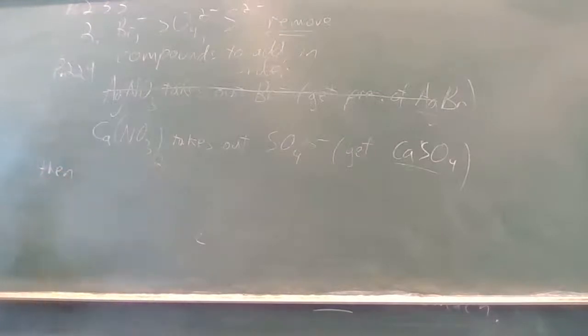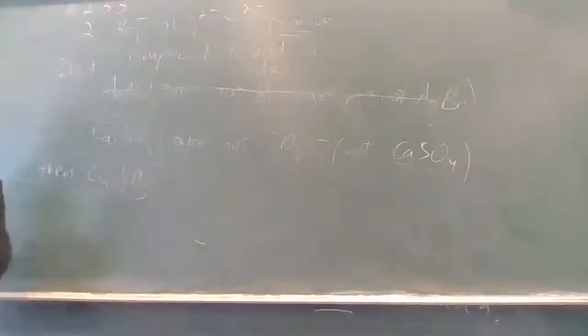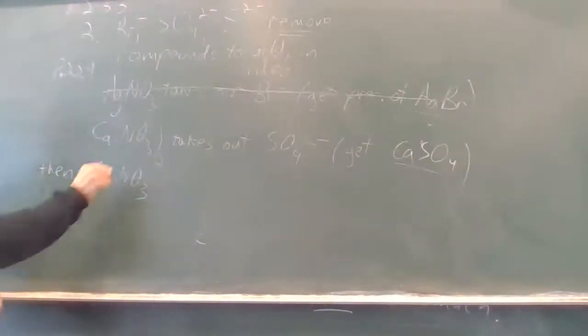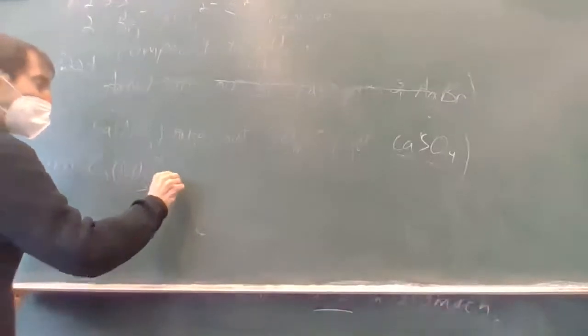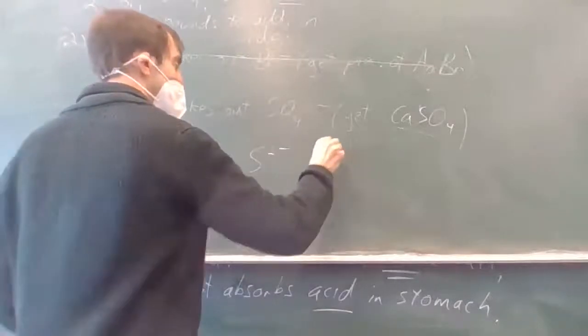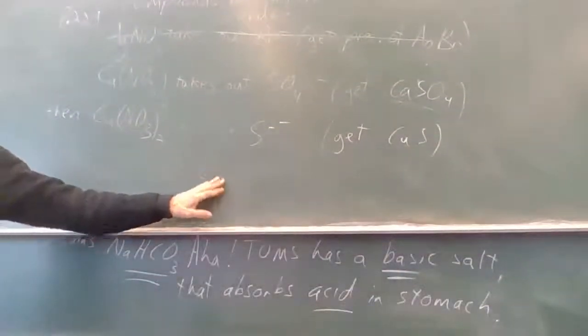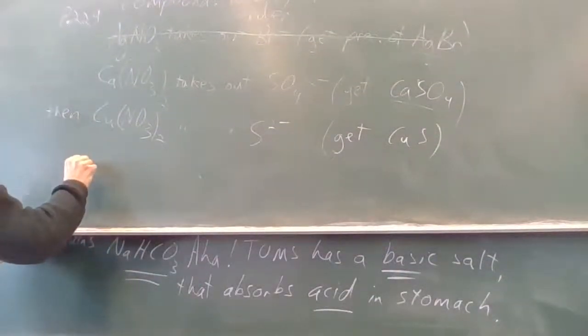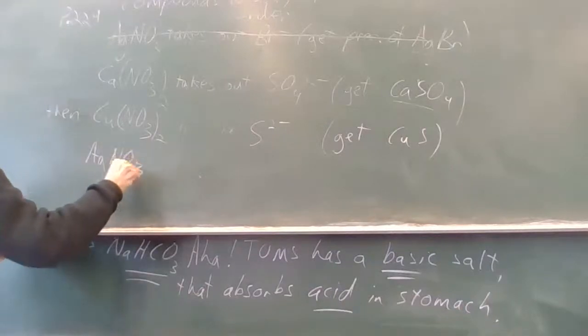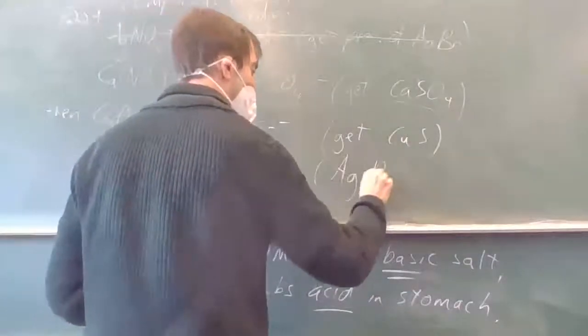And Cu, NO3 or NO3 twice? So Cu2 plus. And that takes out? And then you do the third one, right? And the third one she does is the AgNO3. And that takes out the Br minus to make AgBr.